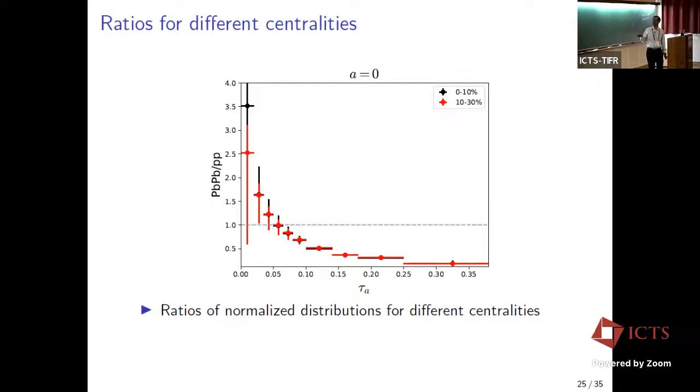I mean, except for the smallest tau bins, the differences were very small.